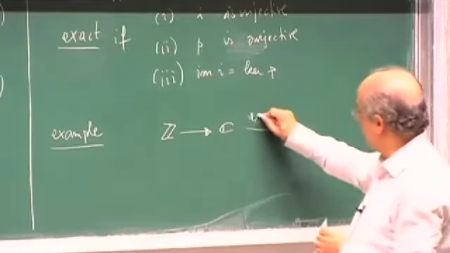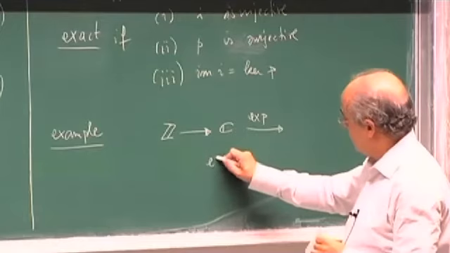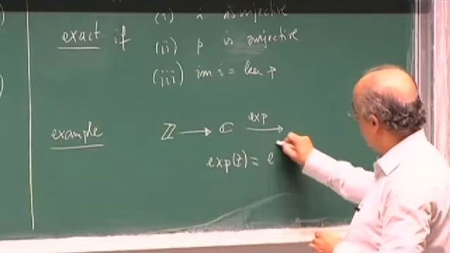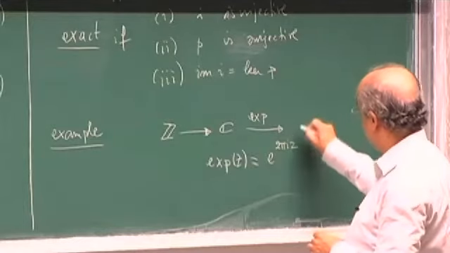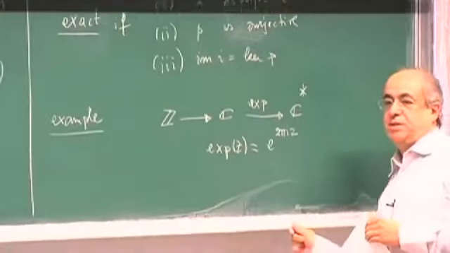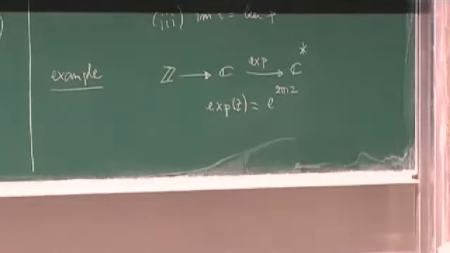In particular, it's convenient to include here a factor of 2 pi i, and then this maps to the non-zero complex numbers.